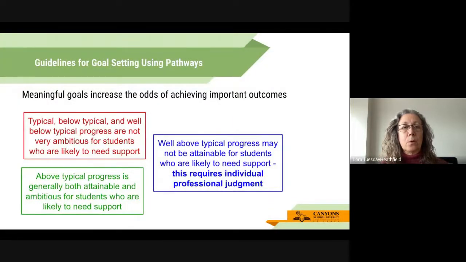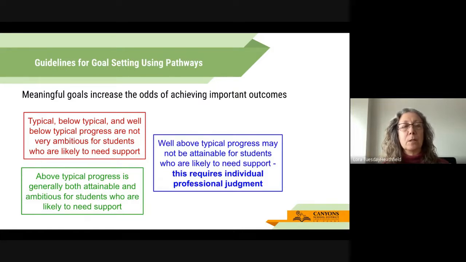So those goals are designed to increase the odds of that student achieving important outcomes. And as the box in the red font says, typical, below typical, and well below typical progress are not ambitious for any student who is likely to need support.